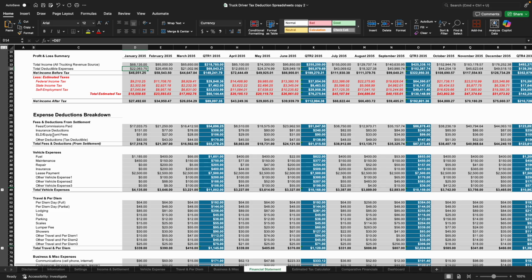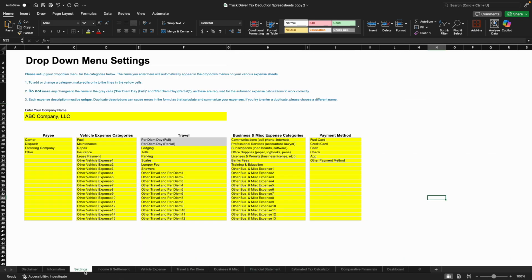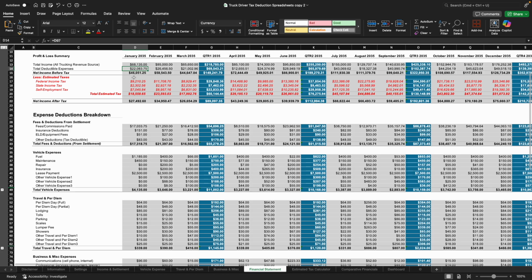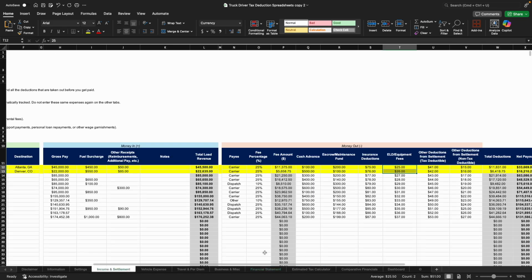And then your EOD or equipment expenses. These are expenses that you can deduct as well, because they're related to the cost of your truck or your business. So that's why you can deduct this out. All right, so that's why the statement is pulling this number over right here. And then other deduction taxable, this can be a variety of things, but these are deductible. For example, this can be your trailer equipment expense or something like that, related to your business, and they're deductible.